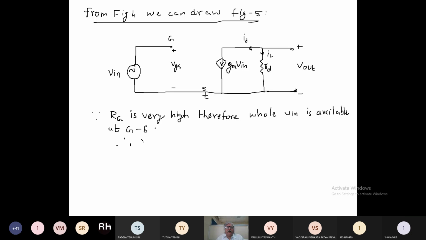That is, Vin is equal to VGS, right? So therefore your current source GM Vin you can write as GM VGS. Okay.